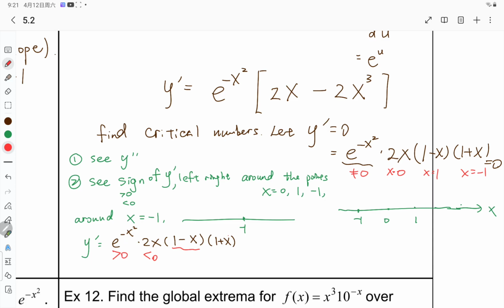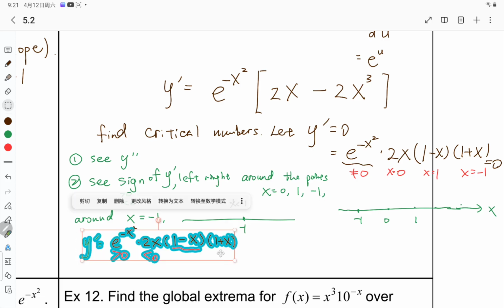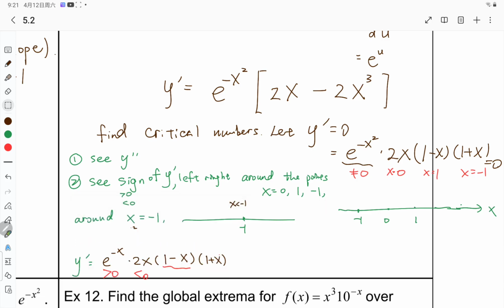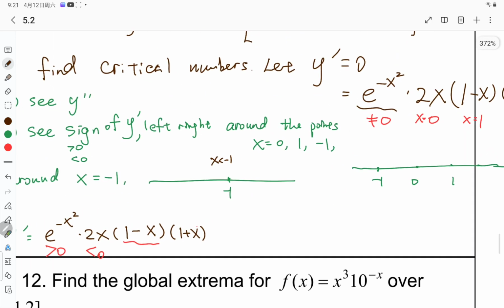Okay, so first we're going to see what happens when x is less than -1, right? The sign of y prime. Again we have very limited space here, so we can just do one of these examples, around x equal to -1, and I think it should be pretty clear.